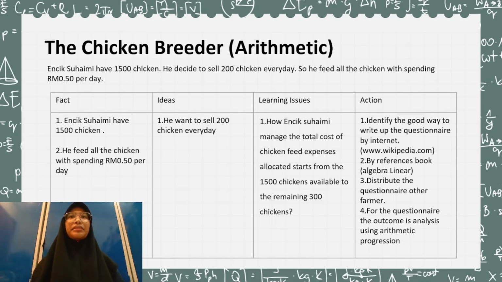How does Encik Suhaimi manage the total cost of the chicken expenses, starting from the 1,500 available chickens to the remaining 300 chickens? The action is we can look it up on the internet and use reference books, or distribute to other customers, or use the arithmetic progression.